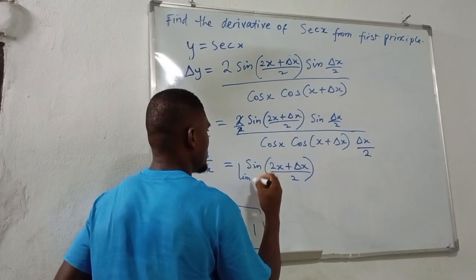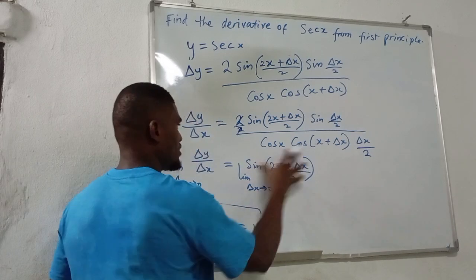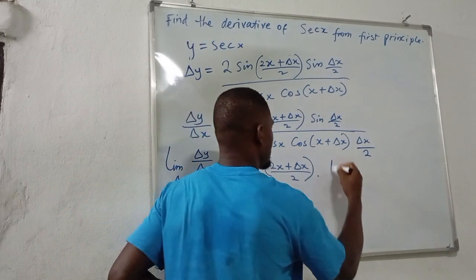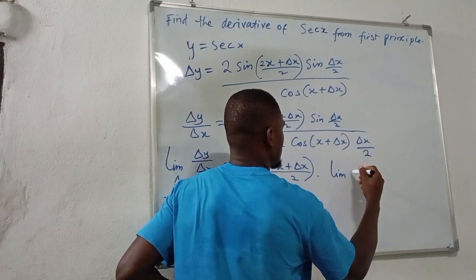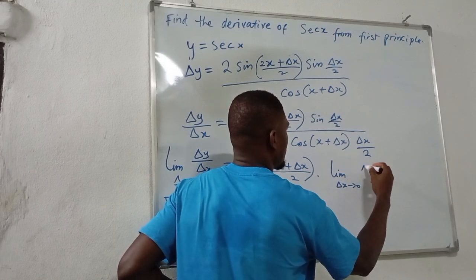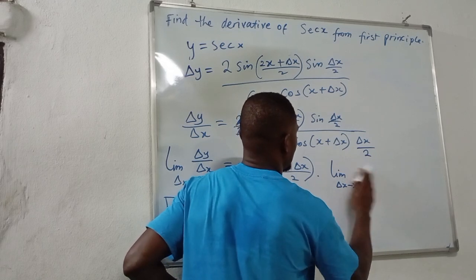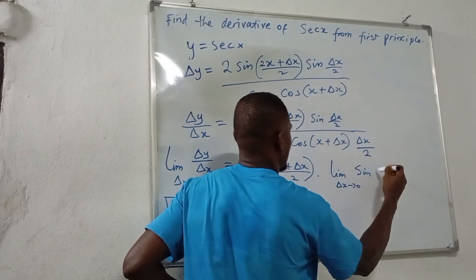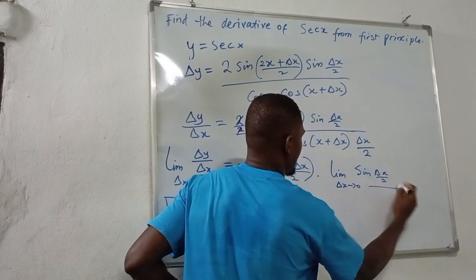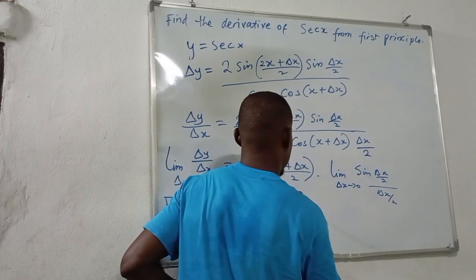Let me put that down, the limit as dx tends to 0 of this, right, times the limit as dx tends to 0 of sine dx over 2 divided by this dx over 2.